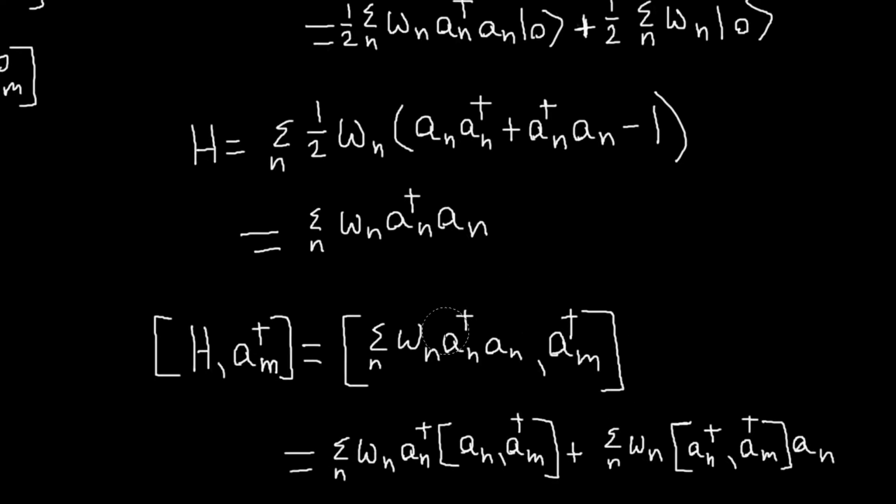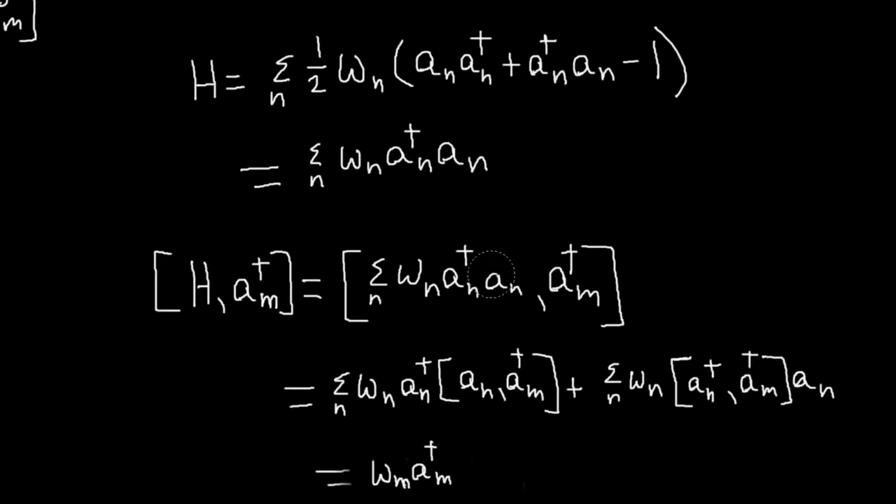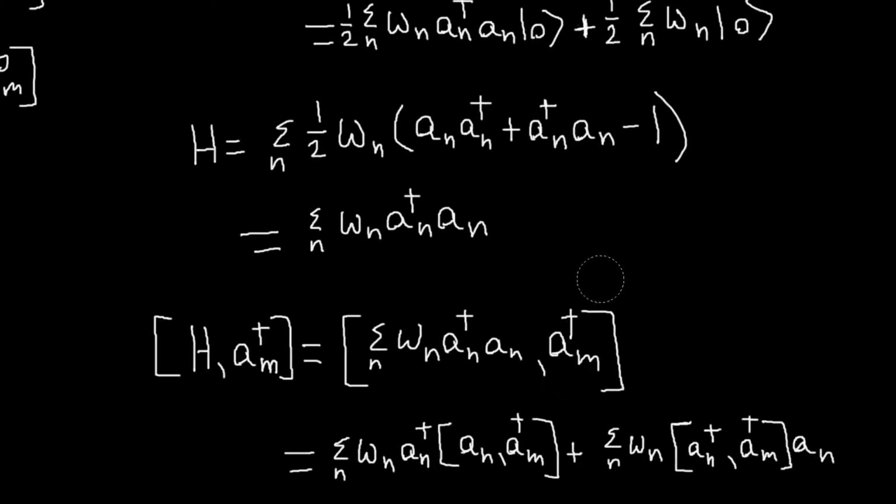So if you do that, you have this triple commutator, and you can use one of the identities for 3 operators to split this into the sum of 2 kinds of commutators. And obviously this one will disappear because it's two a daggers. This one sticks around.